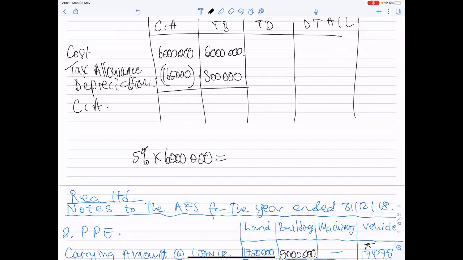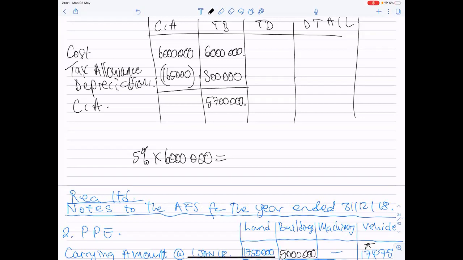So it will be 6 million minus 300,000. We get 5,700,000.